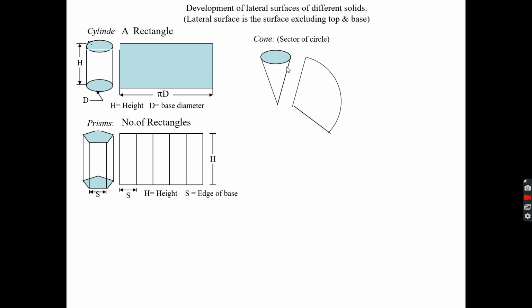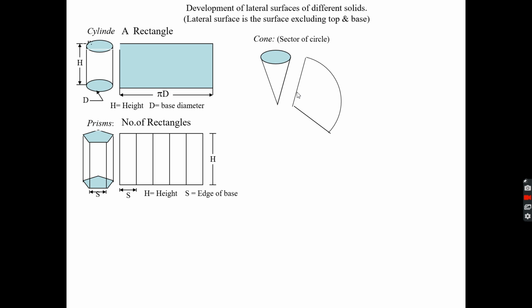From the base diameter of the cone, you can get the length of this arc, and this length is nothing but this length. If you know these two things, how can you make the sector of the circle?